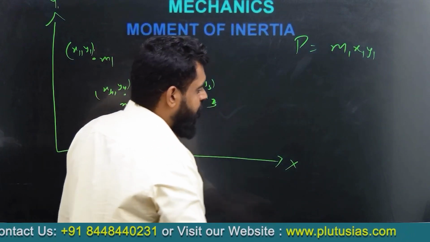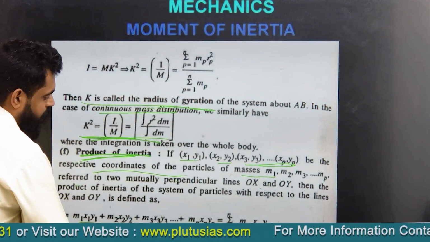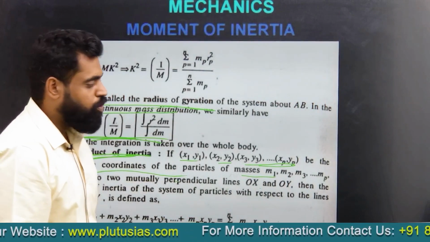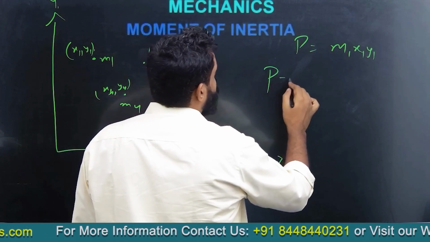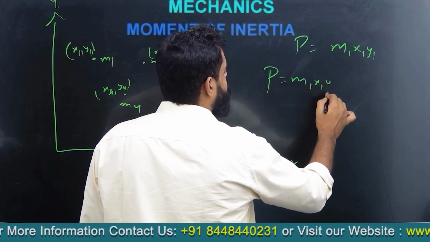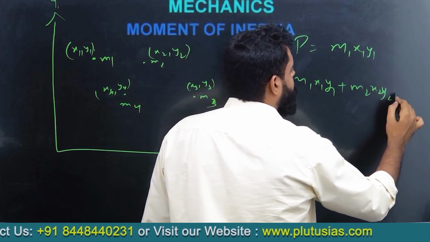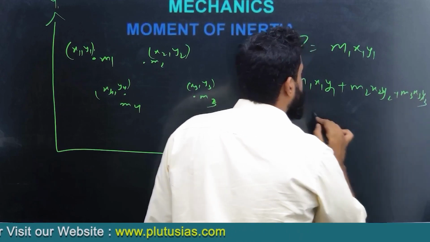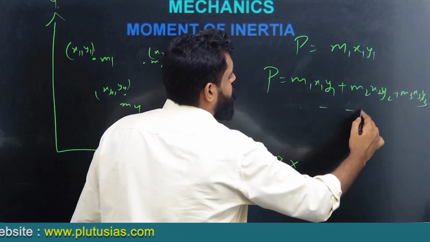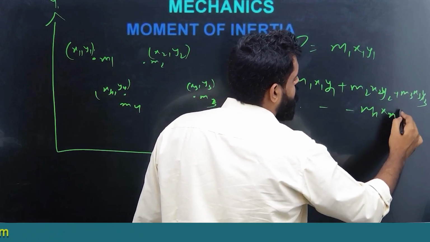And in the case where there is more than one particle, we add. Similarly to the case of moment of inertia, we also add in the product of inertia, that would be m1 x1 y1 plus m2 x2 y2 plus m3 x3 y3, and so on up to mp xp yp. Suppose there are n elements.